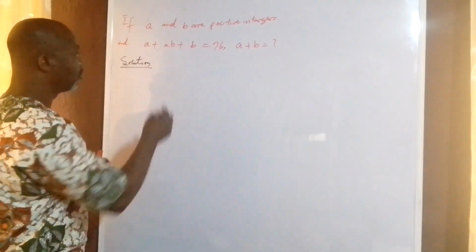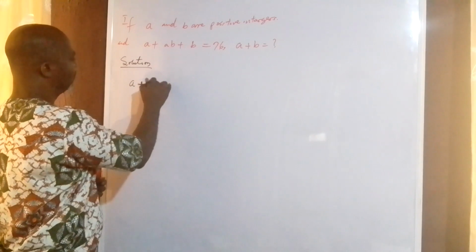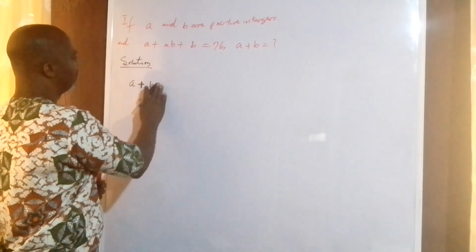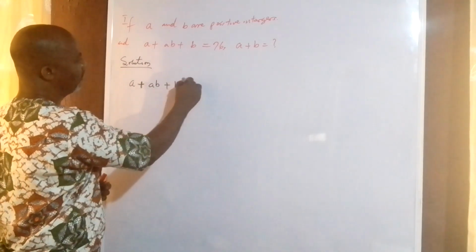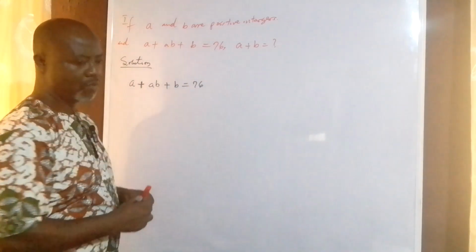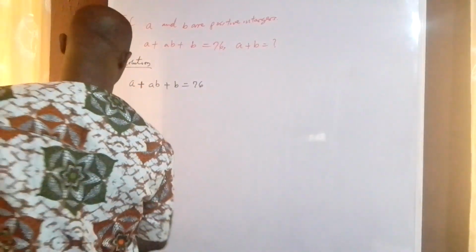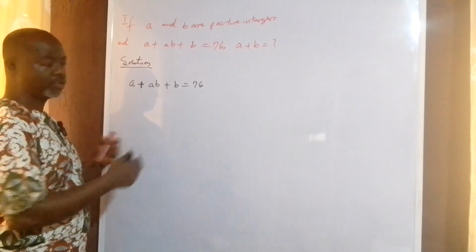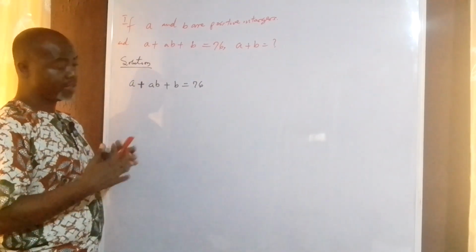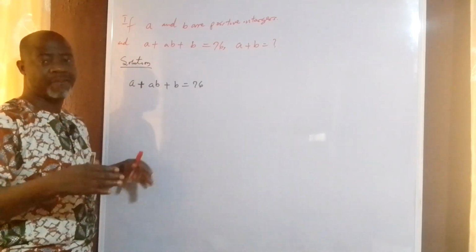So we have the solution: a plus b plus ab equal to 76. What will be the value of a plus b? Now, there's a trick we are going to apply here to make this question easy and fast.